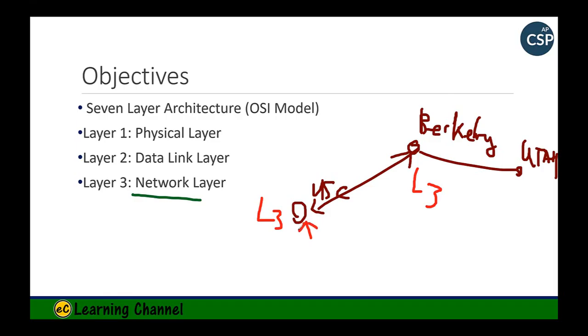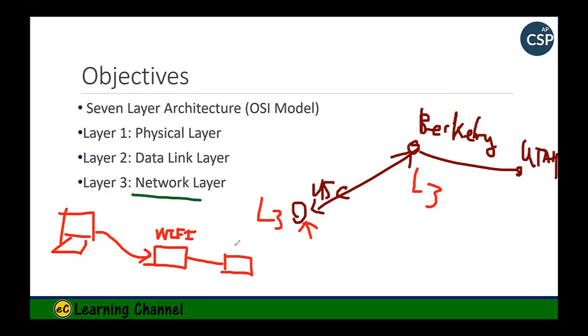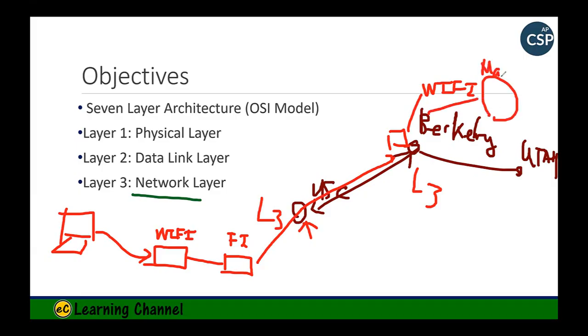Inside USC, you may have a laptop talking to Wi-Fi, Wi-Fi talking to a fiber channel, and fiber to fiber communicating to Berkeley's fiber, going back to Wi-Fi, going back to a main computer, and that main computer routing to Utah.